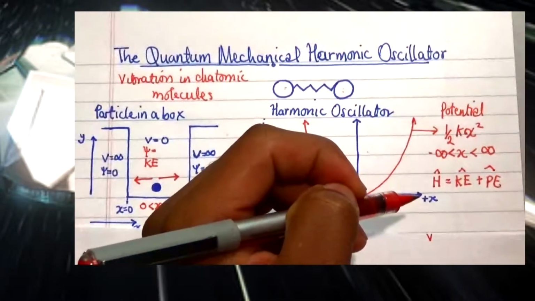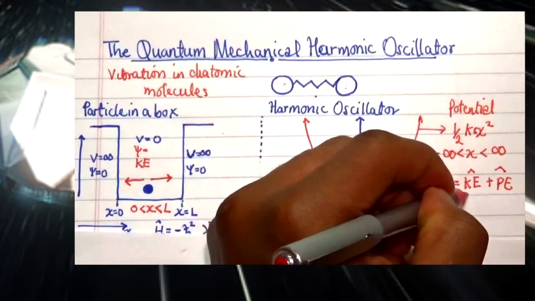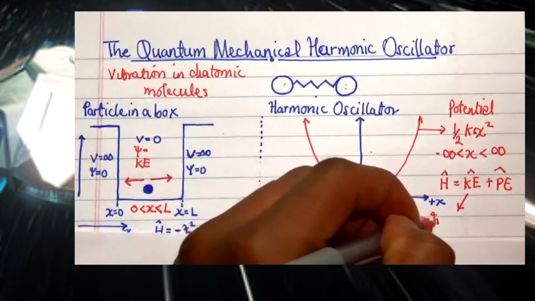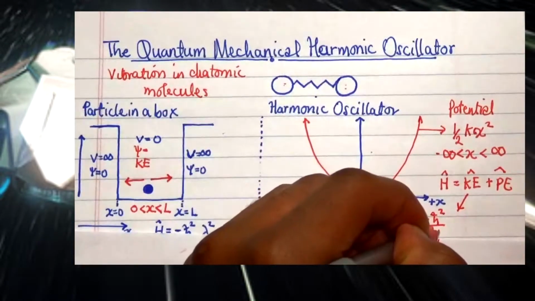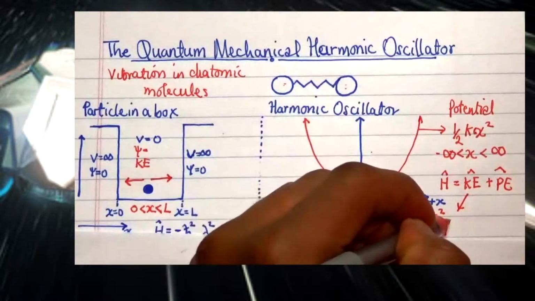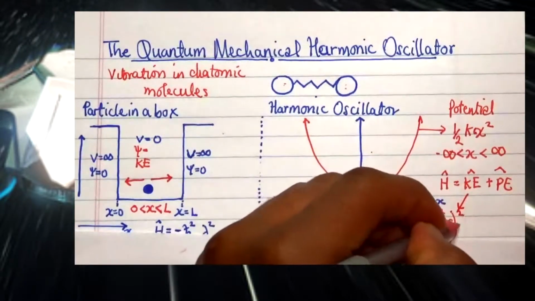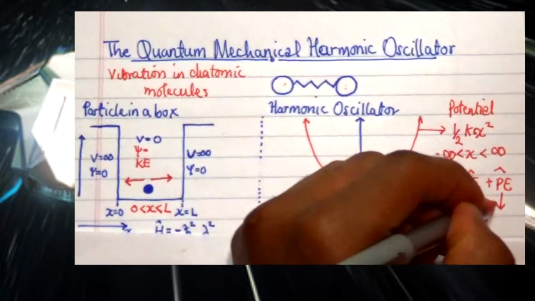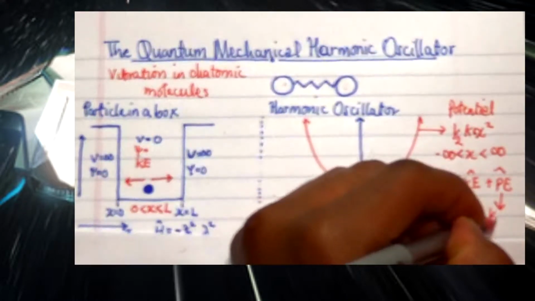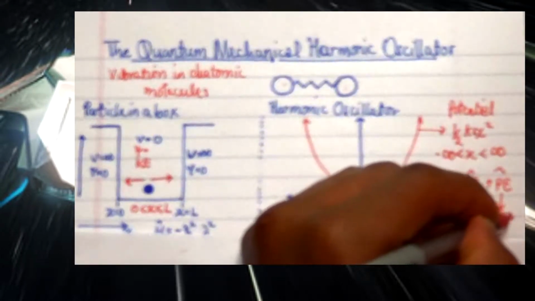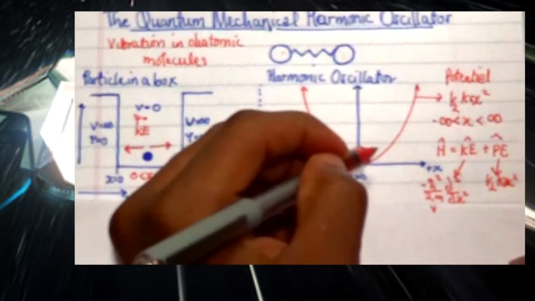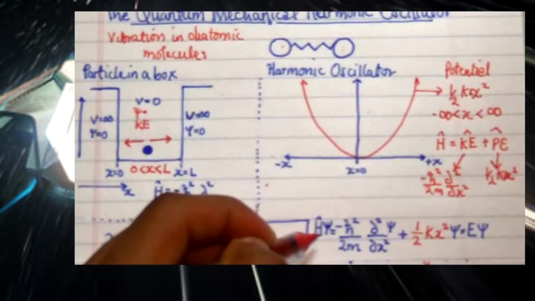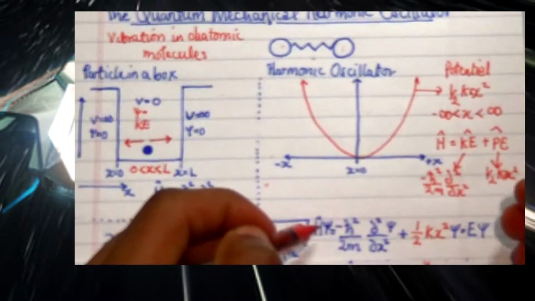Now as a result of this sum, since we know our kinetic energy operator to be negative h bar squared over 2m, including our second derivative with respect to x, and our potential energy, which is what we have over here, half kx squared, then we generate our formula for our Hamiltonian, which is our Schrödinger's equation.